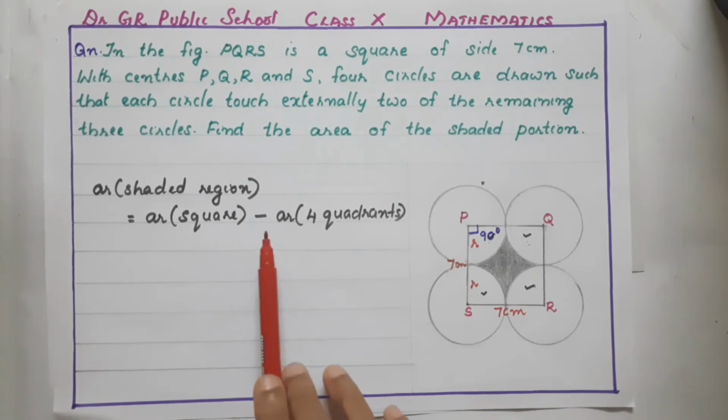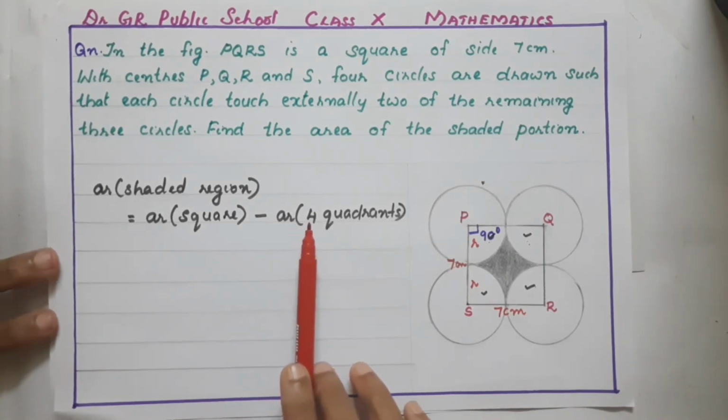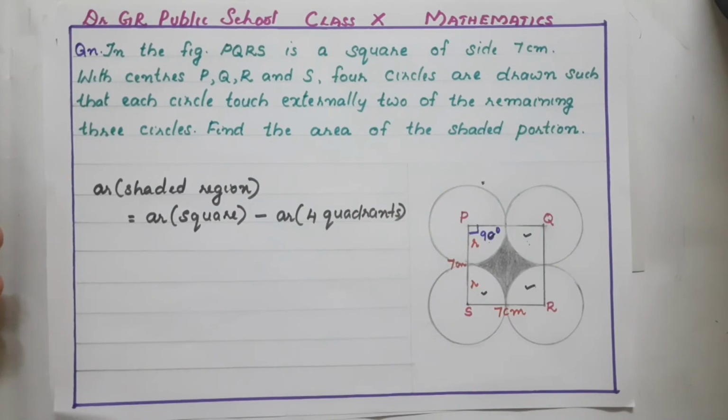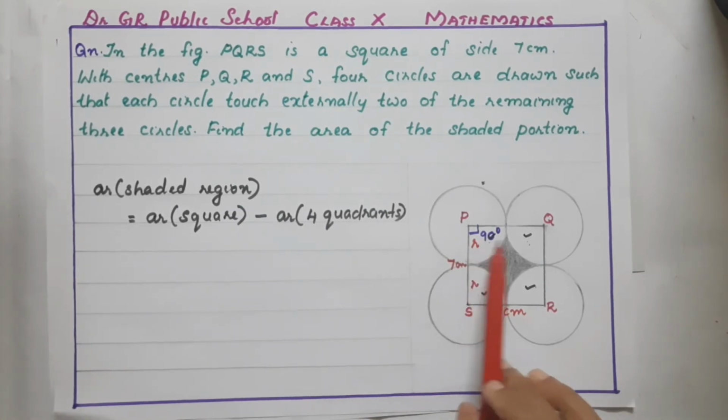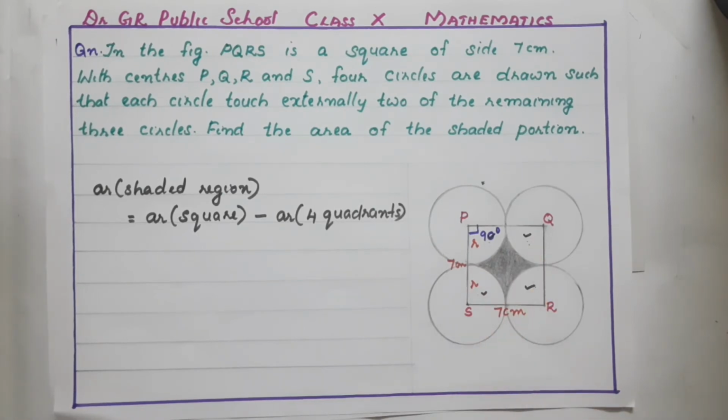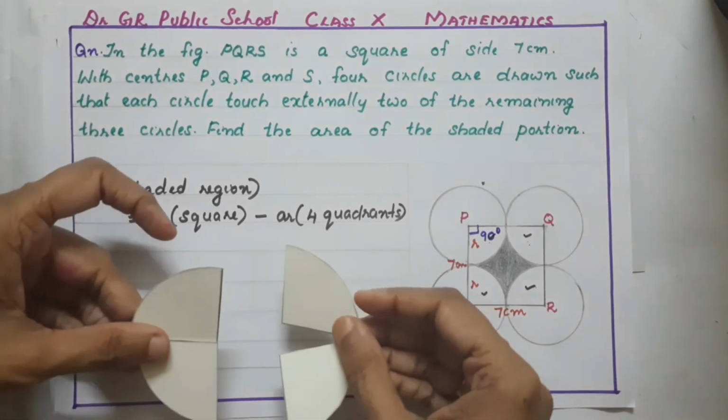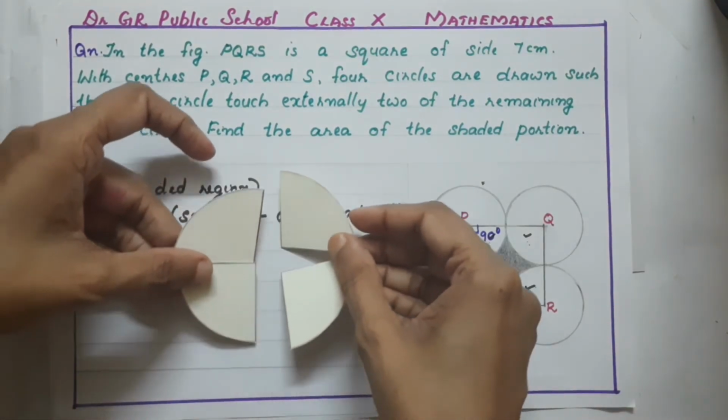Then, next one, area of 4 quadrants. See, what is the area of 4 quadrants? We have discussed it in the previous question. Four quadrants together make a circle. Isn't it?